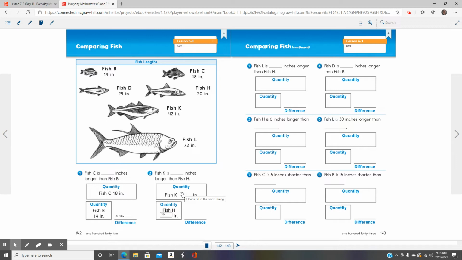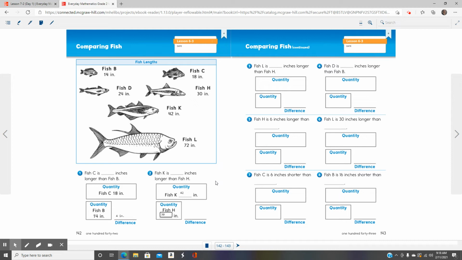Now, on a piece of paper or in the margin of your math book or even on a whiteboard, you could write this old school. Write 42, write 30 underneath it, and subtract. Or you might be able to do this in your head. You can count from 30 up to 42. So I'm going to do that. I'm going to put 30 in my head and then count up to 42 and see how many fingers I counted on.